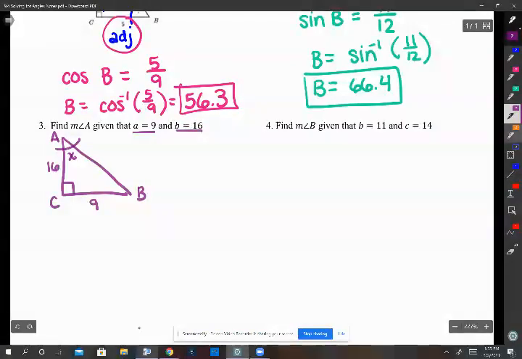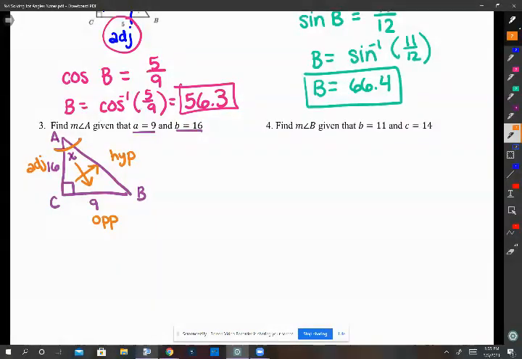And once I have that, then we know that across from the angle is your opposite. Across from your right angle is your hypotenuse. And the other side is our adjacent. So when we look for what we're given, it's the same idea. We are given a value in adjacent, and we're given a value in opposite.